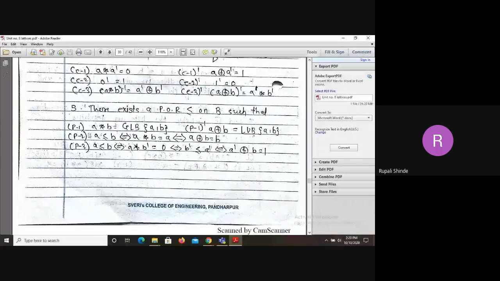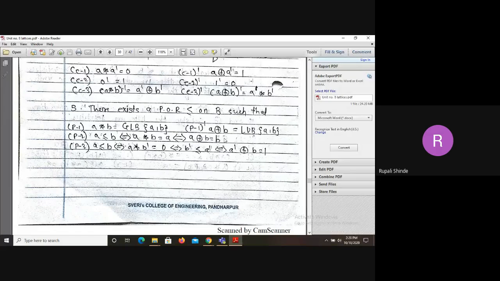So this is the first property for the partially ordered relation. In that we have defined A star B as equal to the greatest lower bound of A and B, and A XOR B as equal to the least upper bound of A and B. Likewise, the second property: A is less than or equal to B is equivalent to A star B equals A, and A XOR B equals B. Meaning, if the condition is given as A less than or equal to B, then A will be the lowest element and B will be the highest element.